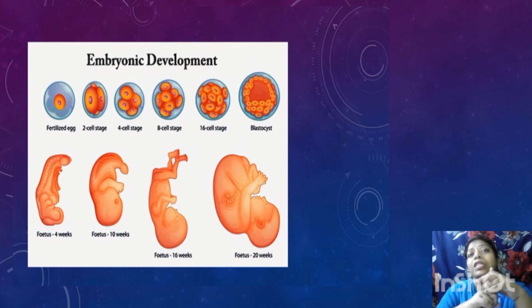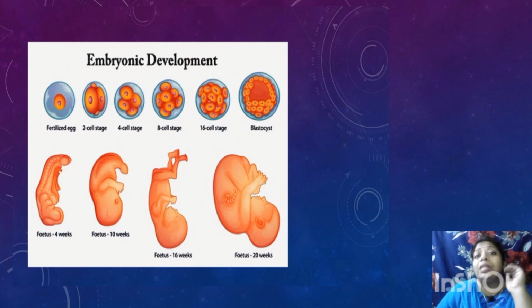The term ecto means outside, so it is made up of the outermost cells. Meso means middle, so it helps with the formation of the middle layer, and the endoderm will be the innermost layer.